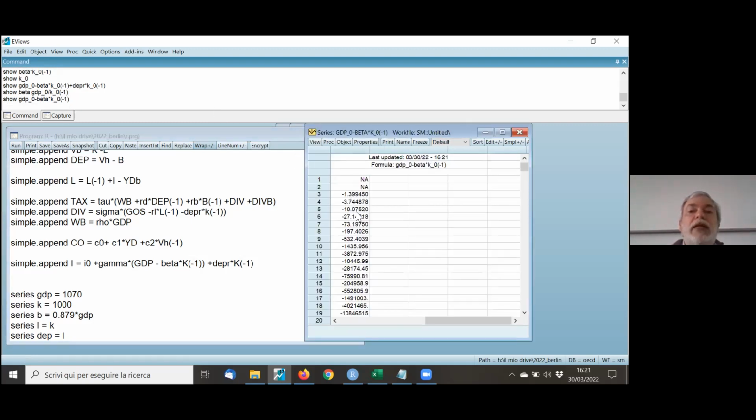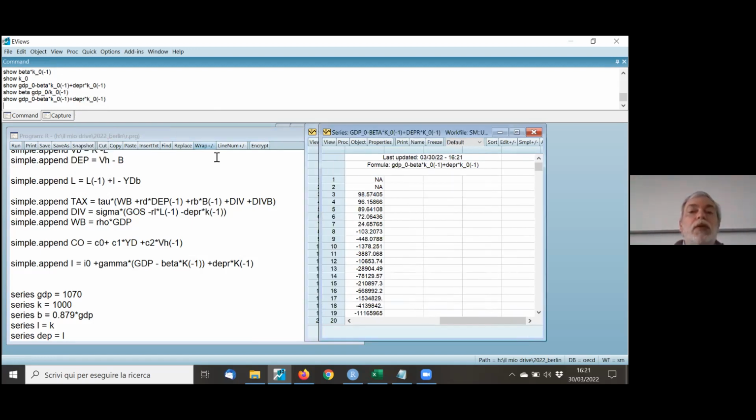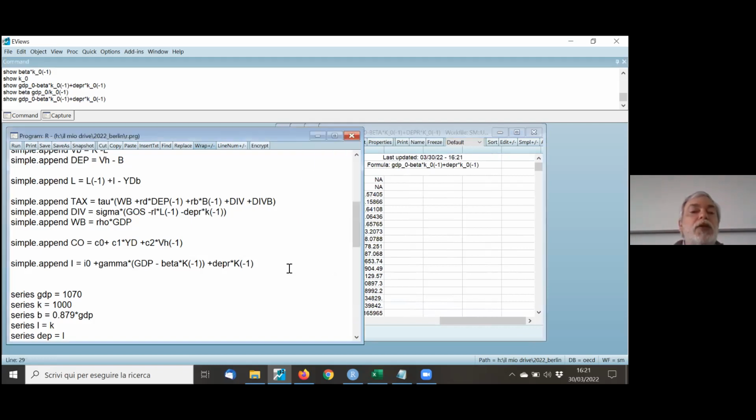Yeah, this is slightly negative and gets huge very quickly. And I think that with the depreciation, this also becomes worse. So this is not a proper investment equation.